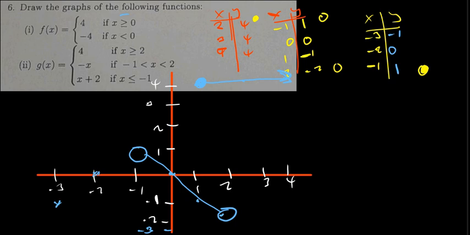Negative 1 comma 1 is there, but it is included, so I'll put it inside there. So that one goes like that. You put an arrow. So that's the graph. Have you seen it? That's the graph of that function which we have.